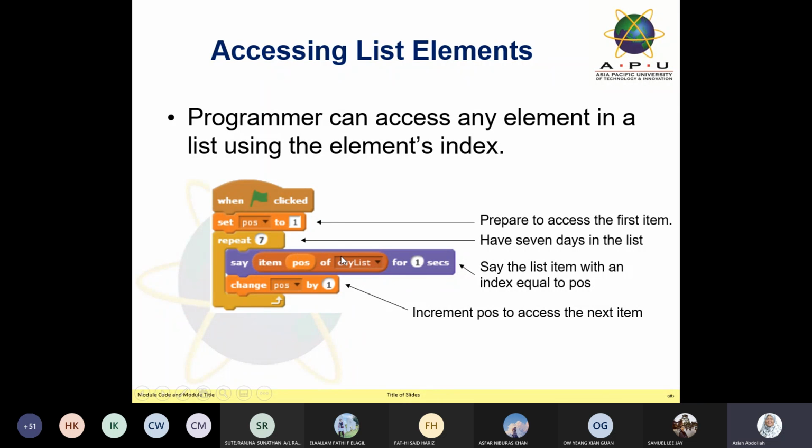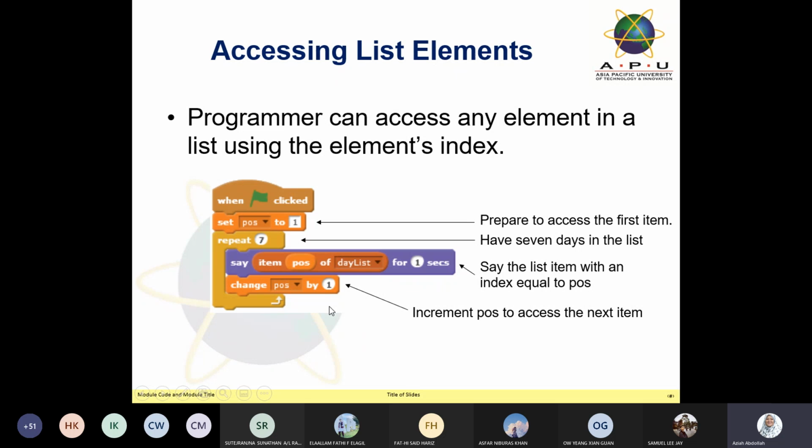It will display all the days of the week one by one, starting with Sunday, and then Monday, Tuesday, Wednesday, Thursday, Friday, and Saturday, until the repeat reaches 7. It will increment by 1.